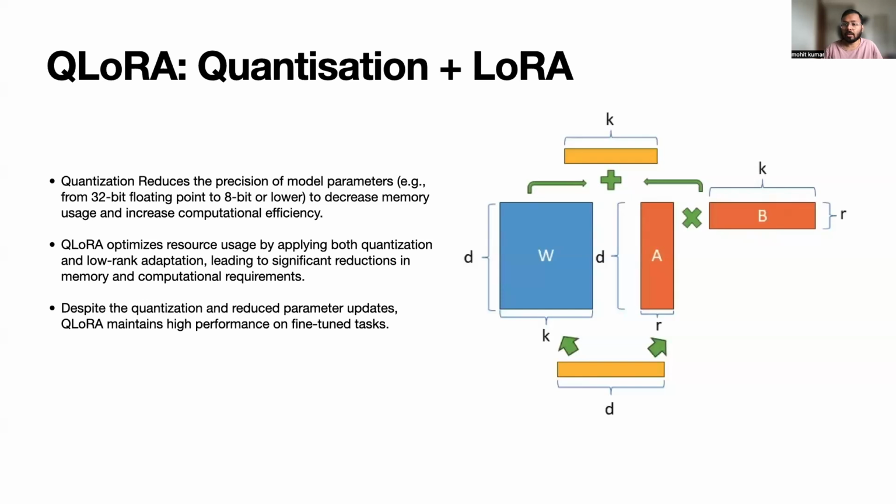So instead of having a very precise model parameter of 32-bit floating point, we reduce the precision, which leads to a decrease in memory use and increases computational efficiency. But at the same time, it doesn't lead to a huge reduction in performance. So while maintaining the performance of the model, we are able to reduce memory and computation use, thus leading to faster training and less compute needed for the training.